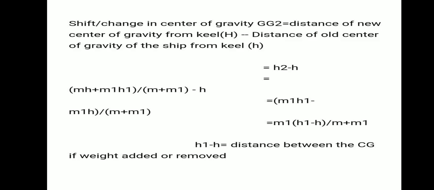Now we place equation number 1 here, and it will be converted to (mh plus m1h1) divided by (m plus m1) minus h, which equals m1 into (h1 minus h) divided by (m plus m1). In that, h1 minus h means the distance between the centers of gravity if weight is added or removed.